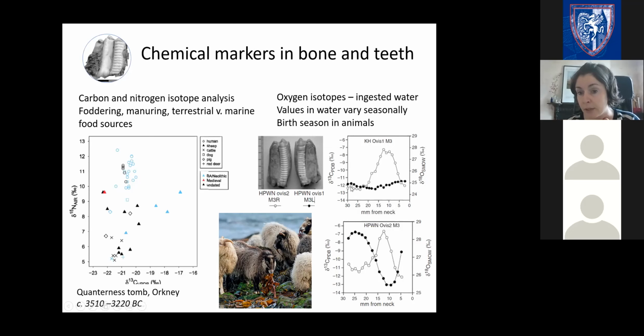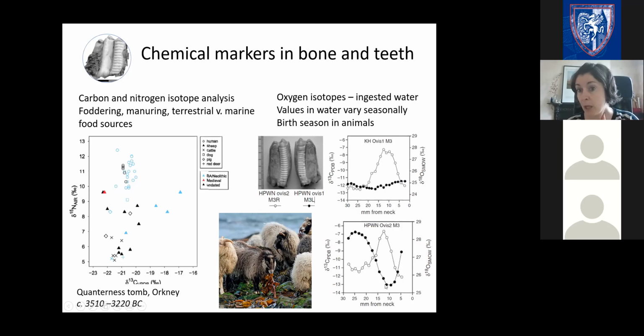The oxygen is a record of water that you take in during the year, and the oxygen values in that environmental water vary with seasons. So it's basically a proxy for the different seasons, summer, winter. But you can see that carbon stays pretty much flat, which tells you that through that seasonal cycle, that animal has been eating more or less the same things because it's got the same carbon values.